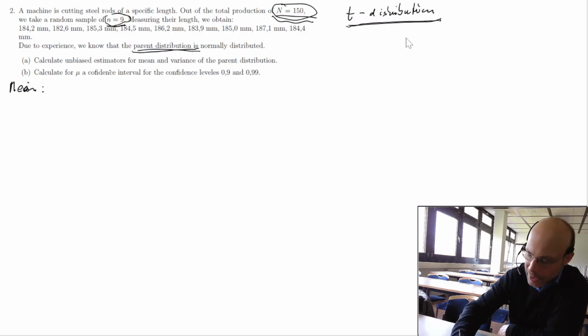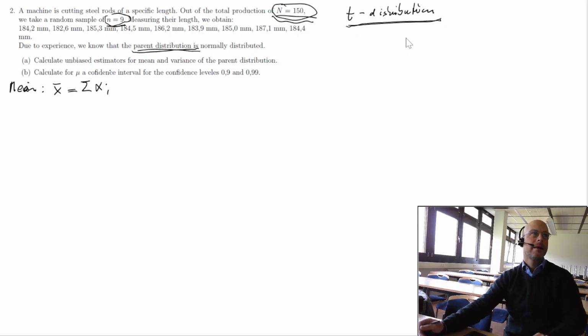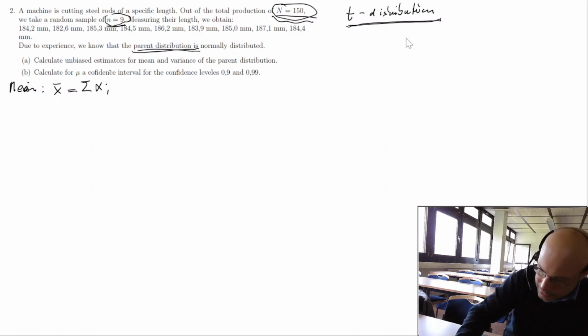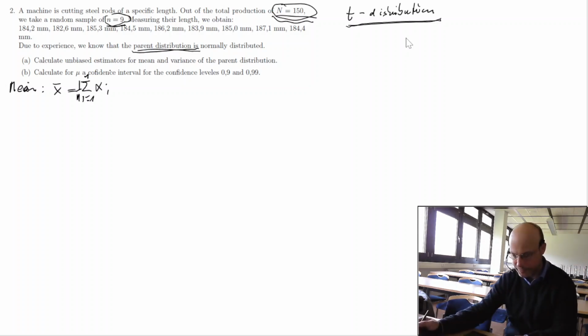This we have shown that the arithmetic mean is an unbiased estimator. Sum xi, i from 1 to n, 1 over n.